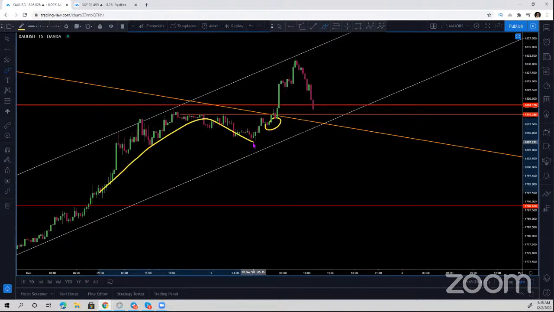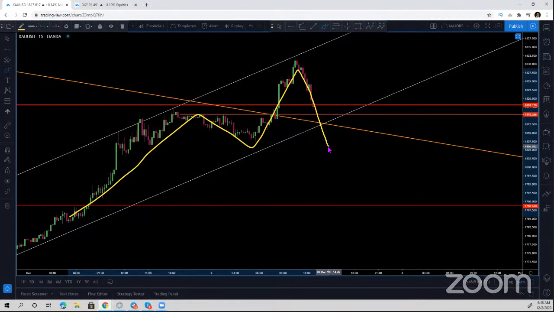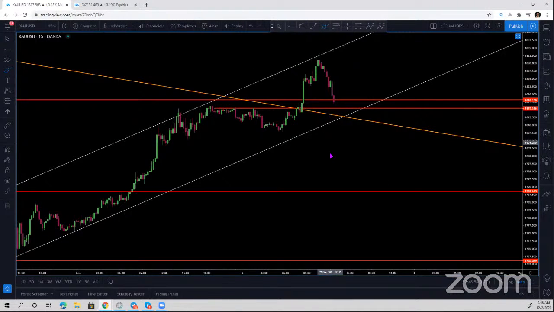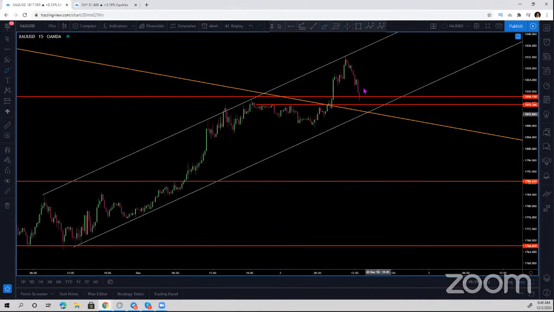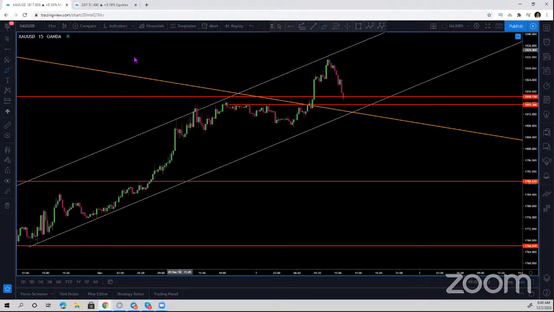Because if we are looking to buy a corrective move in a bullish trend, we need the trend to remain intact, in the sense that we need price to not break with the lows and create a lower low. If that happens, my bias completely changes in this market. But I'm going to be monitoring this zone exactly to see how price reacts to it, right?